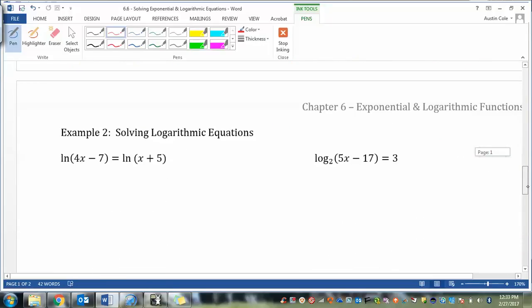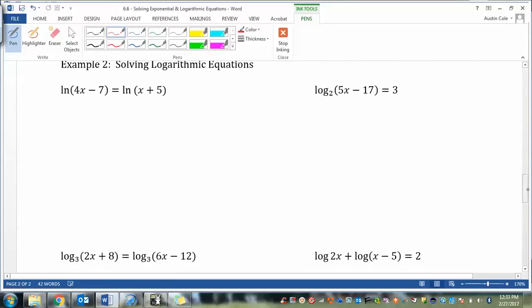Okay. Now, top of the next page, it says example 2, we're going to be solving log equations. I'm going to go over the second one first. So I have log base 2 of 5x minus 17 equals 3. So to get rid of log base 2, we're going to exponentiate both sides.